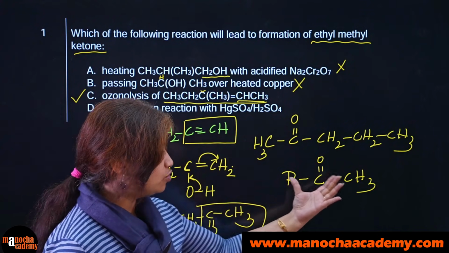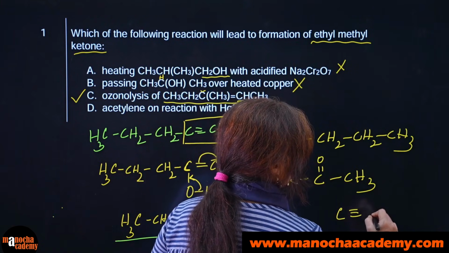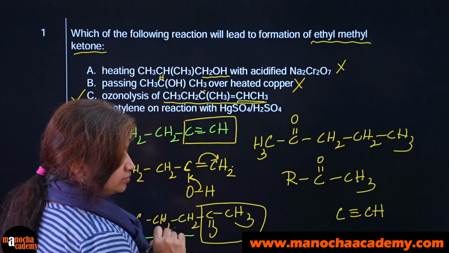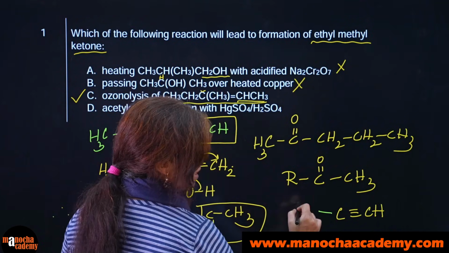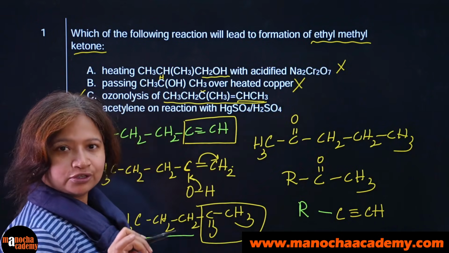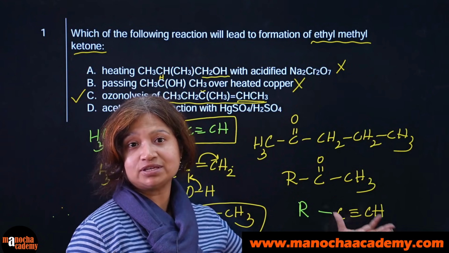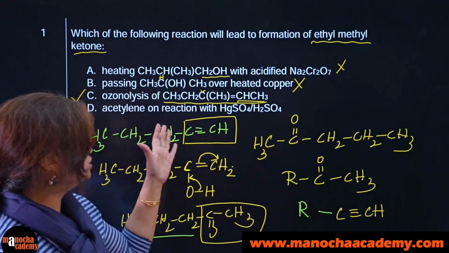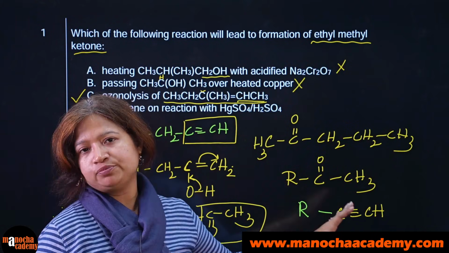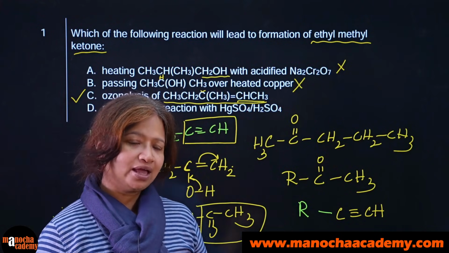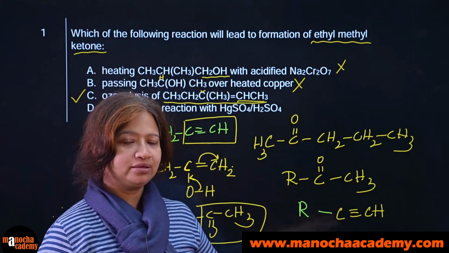You only have to know that this COCH3 unit comes from a C triple bond CH group. And accordingly you choose the starting material dependent on this R. So any methyl ketone you can prepare from a one alkyne except acetylene. In acetylene the difference is, I'm going to show you that also, but this is very important for conversion purpose. If you get a conversion to prepare any kind of methyl ketone, somewhere or the other, always remember one alkyne. One of the very popular methods is this.